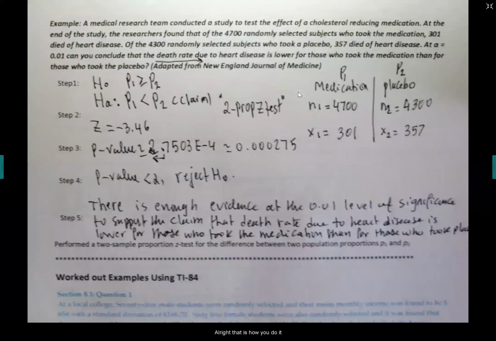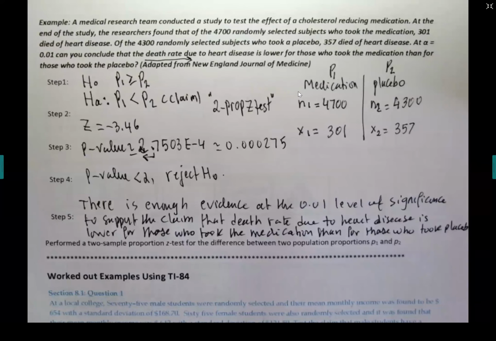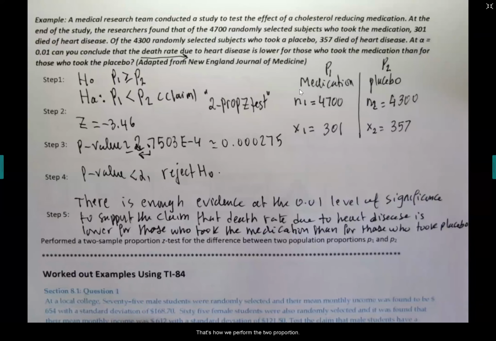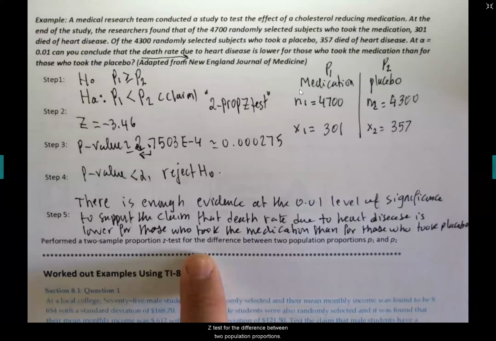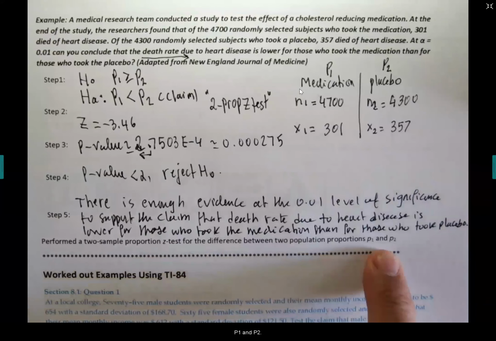All right, so that's how we perform the two proportion z-test for the difference between two population proportions, P1 and P2.